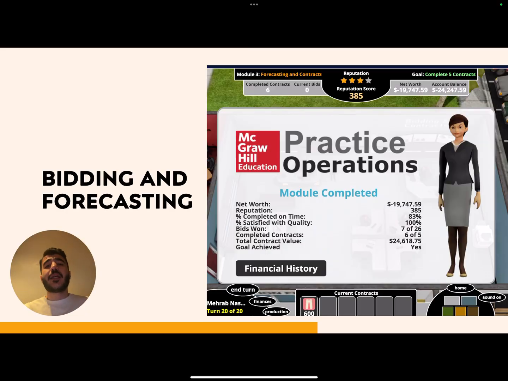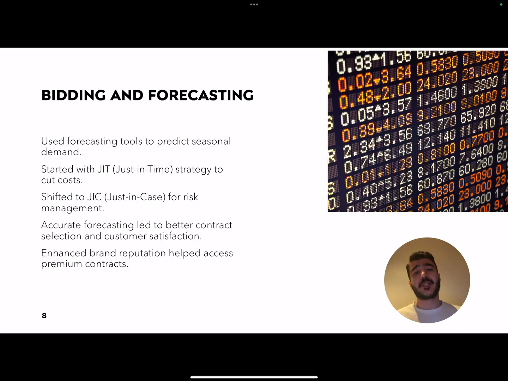And in the next slide, I'm talking about the bidding and forecasting practice operation, where I have achieved my goal and could get the quality certification of 100%. In the third module, forecasting taught me the importance of aligning decisions with demand forecasting.